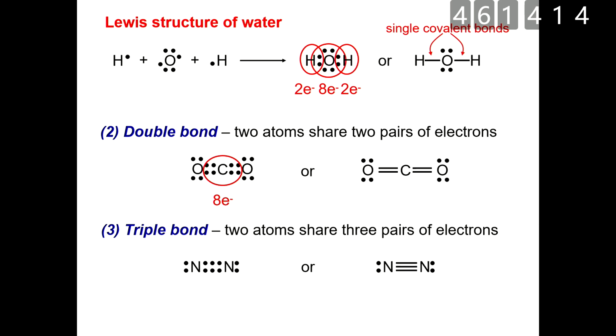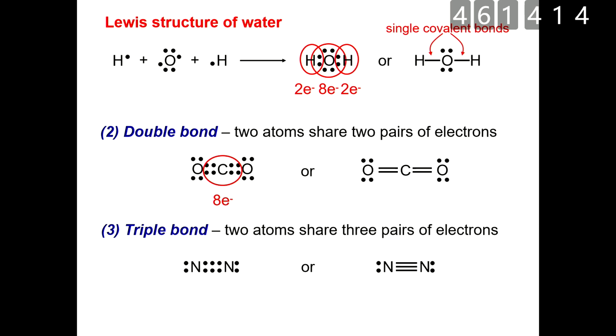So we can use this way to show the structure of carbon dioxide. In the structure, between oxygen and carbon is 1 double bond. For oxygen, besides the double bond, it still has 2 pairs of electrons. So this is about the double bond.